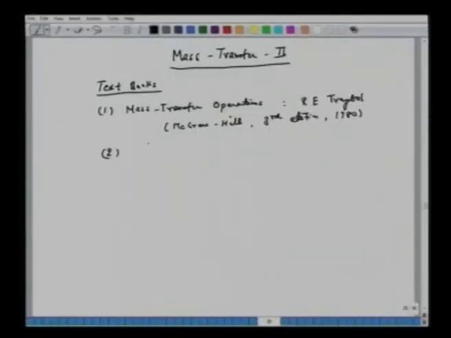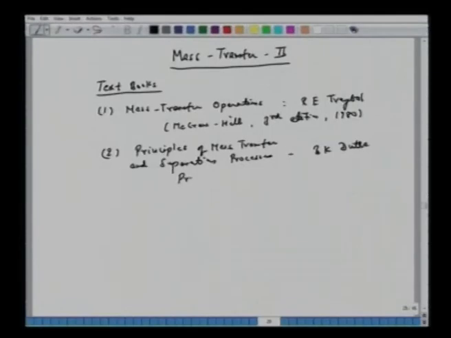These books are essentially for reference purposes. The title is Principles of Mass Transfer and Separation Processes. The author here is B.K. Datta, and this book is published by Prentice Hall India, 2007.